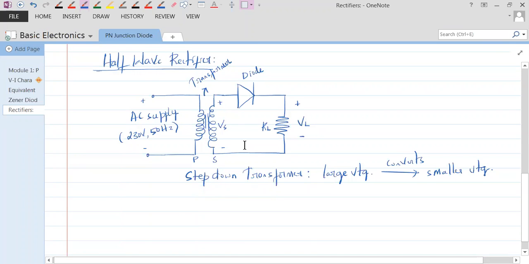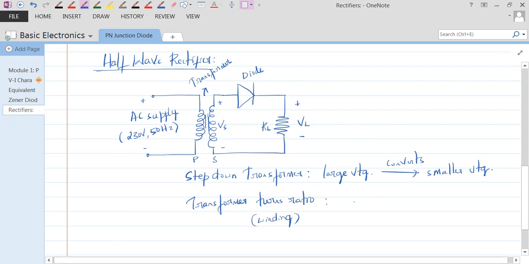So that depends on the transformer turns ratio, or winding ratio also.